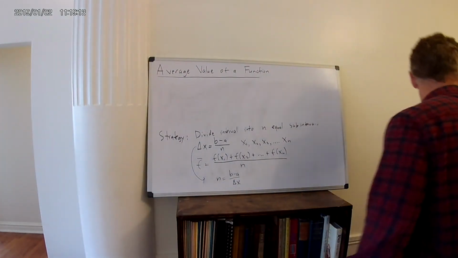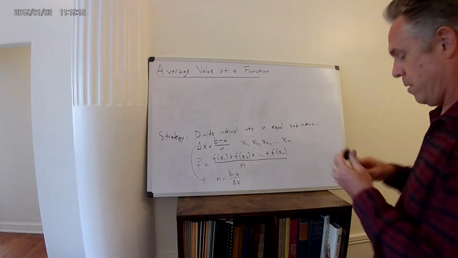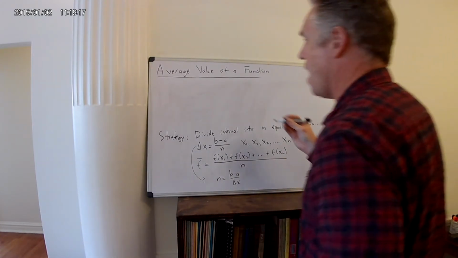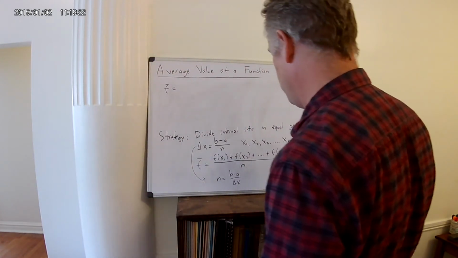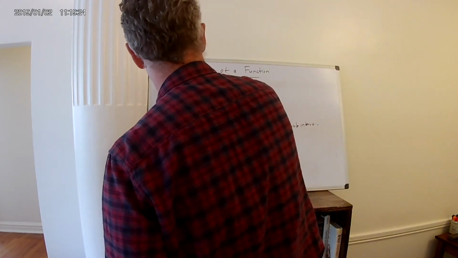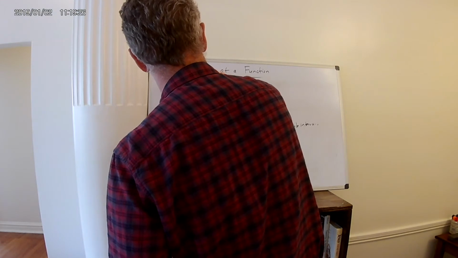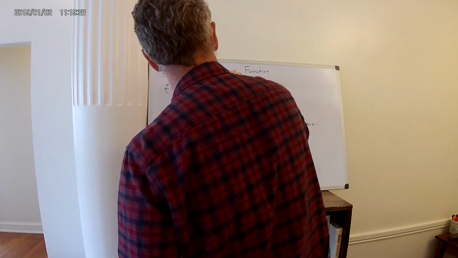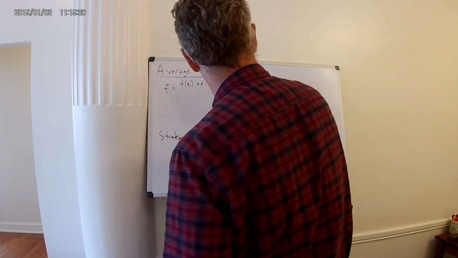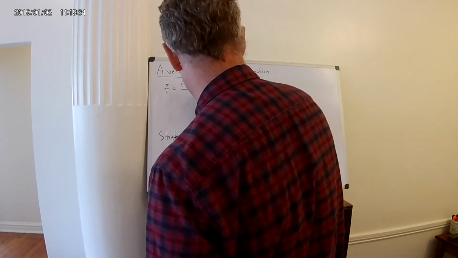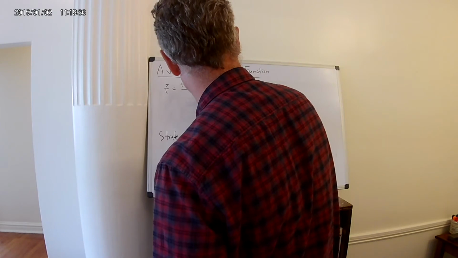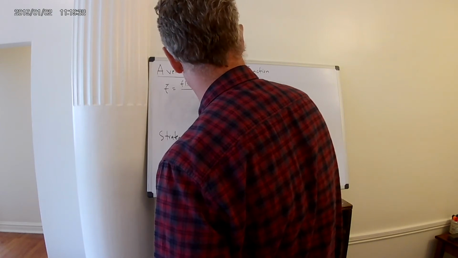If I plug this in, I find that the average value of my function is equal to f of x1 plus f of x2 plus dot dot dot plus f of x sub n, all divided by b minus a over delta x.